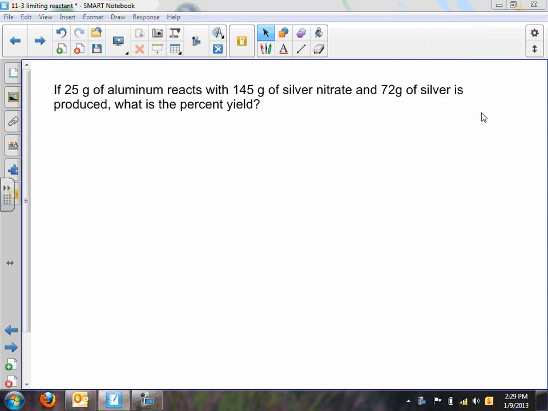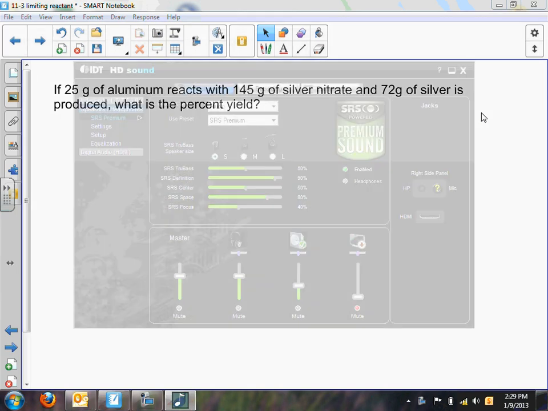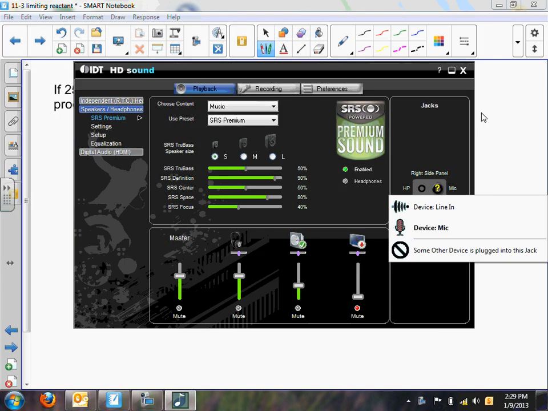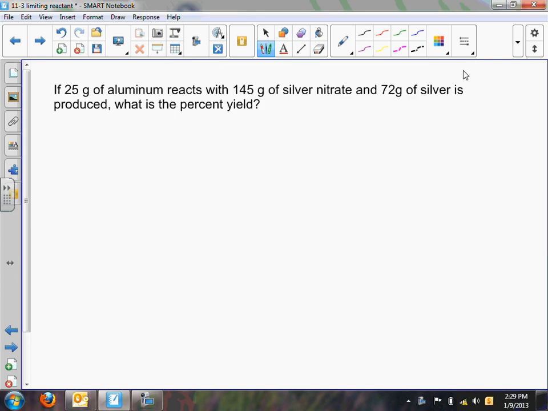Now we're going to do a percent yield example problem. As always, we need a balanced equation. So I've got aluminum reacting with silver nitrate, and that's going to produce aluminum nitrate and silver.